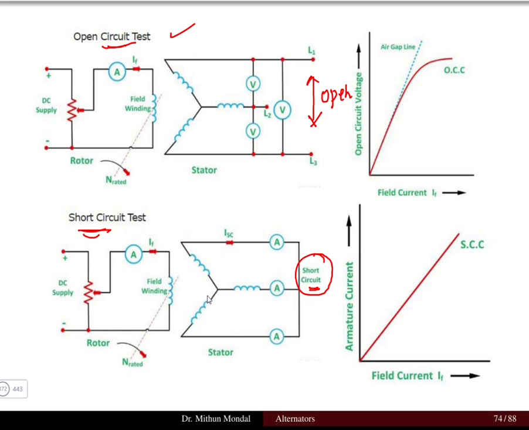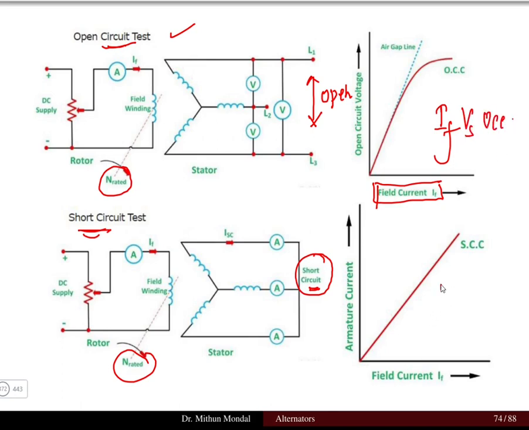The machine has to run at the rated speed for both the open circuit test and the short circuit test, and we have to measure the field current, and the relationship between the field current and the open circuit voltage.